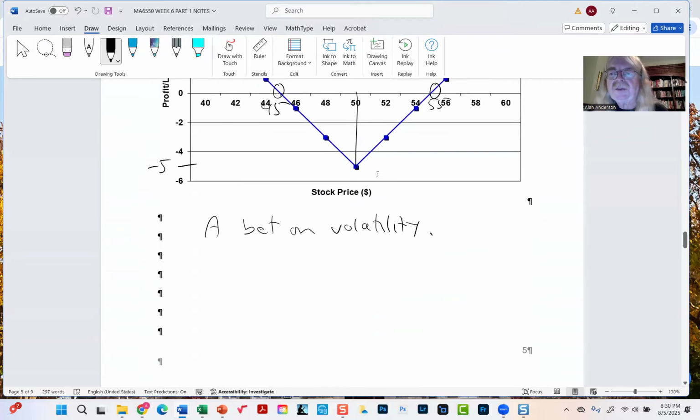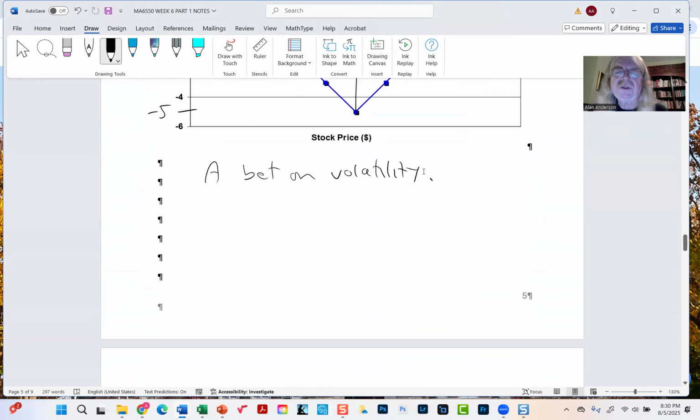Now, of course, you can probably guess that if we have the opposite outlook, we're going to set up what's called a reverse straddle, where we sell them both.